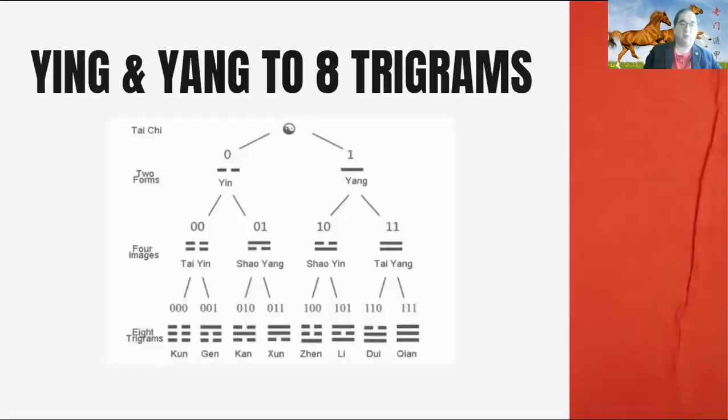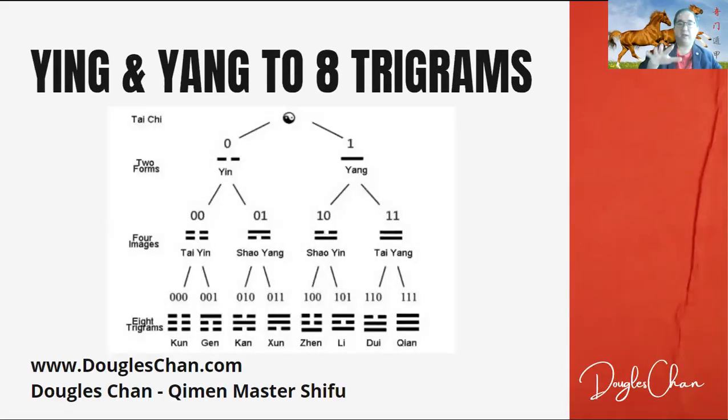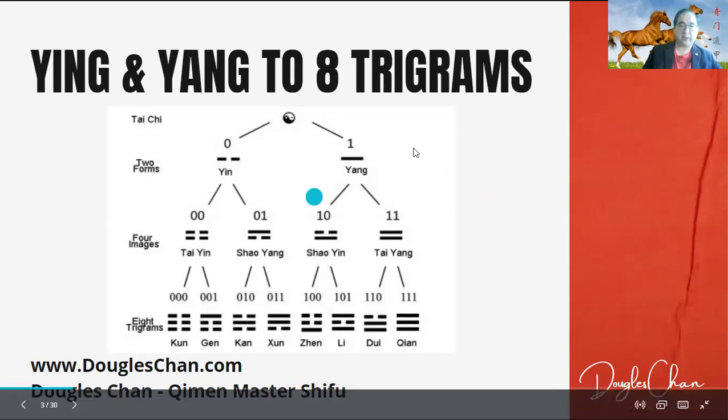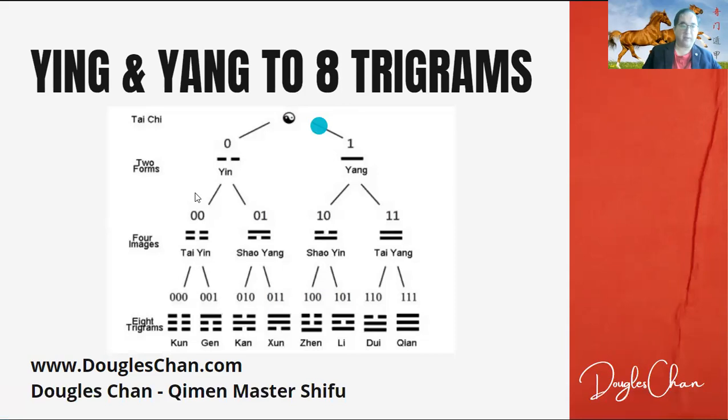Next, we need to understand what these 8 trigrams have to do with yin and yang in terms of the relationship. We go step by step in this chart and break it down. We talk about the yin, we talk about the yang, so we break down into 2 parts.